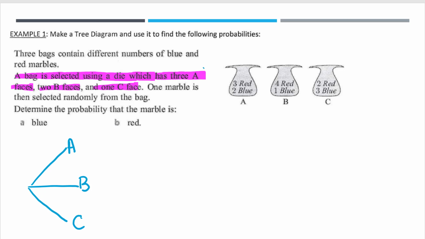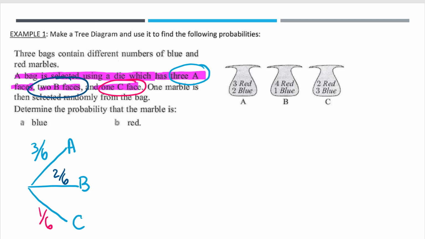So if we have 3 A faces, then that means that 3 faces out of the 6, we're going to pick the A bag. 2 B faces, 2 out of the 6 of the die, we could land on B, and 1 C.